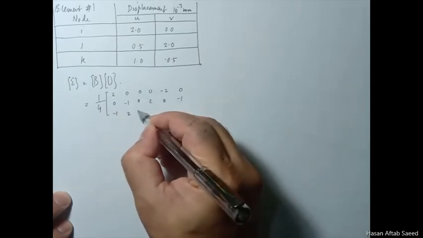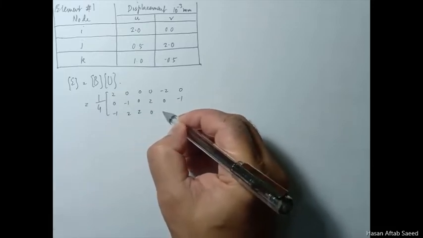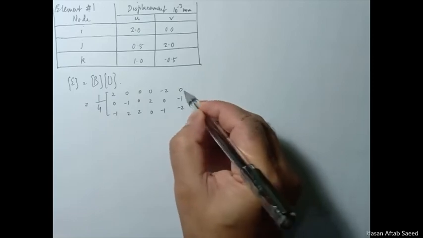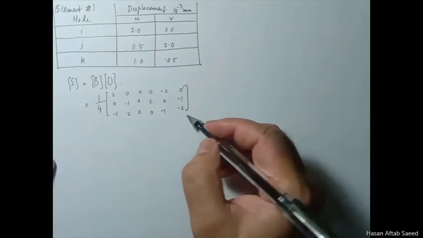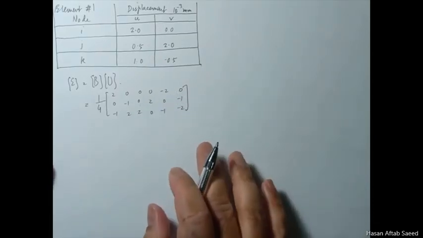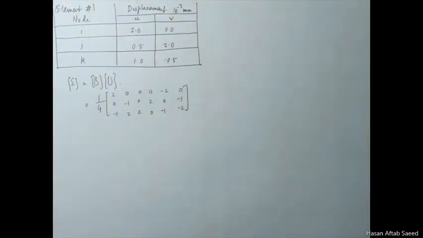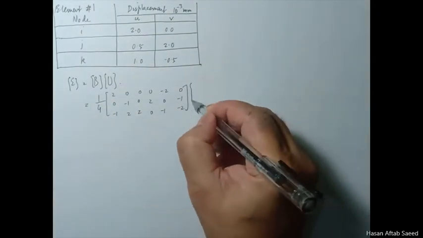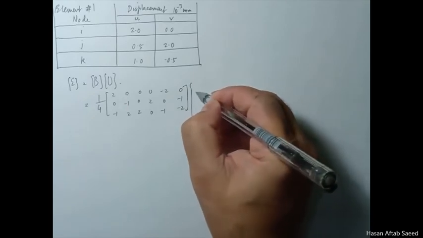I'm just copying from the part we did earlier. And for this element number one, we're talking about element, so we'll be calculating strains and stresses at the element level. So element number one, i, j, k, this is the sequence counterclockwise, and this is ui, vi, uj, vj.